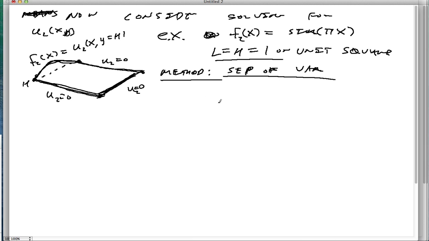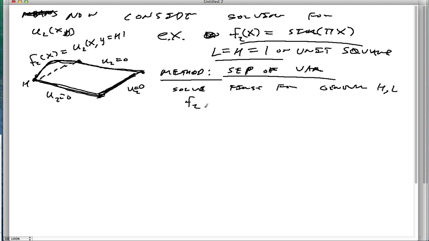So let's do this top side here with that boundary condition set in place. I'm going to solve first for general H and L and F2, and then later I'll apply these particular numerical values.